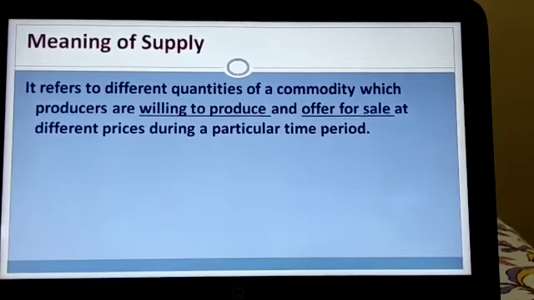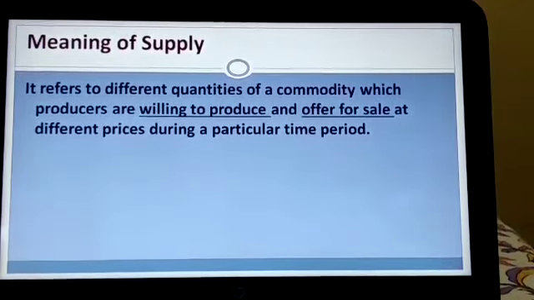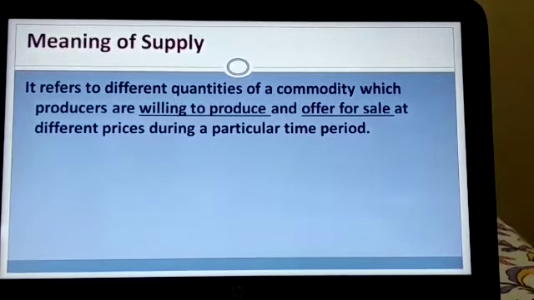Different quantities of a commodity which producers are willing to produce and offer for sale at different prices during a particular time period. So what does supply mean? It means the different quantities of a commodity which producers are willing to produce. When we talk about willing to produce, it means the producer is ready to produce that commodity.